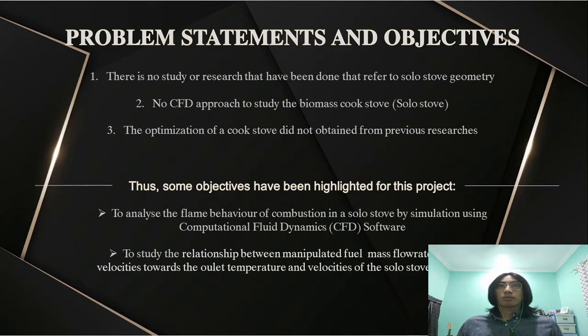First, the problem determined is that no study or research has been done that refers to solar stove geometry. Basically, past researchers did not do a specific study on the combustion in this type of stove.